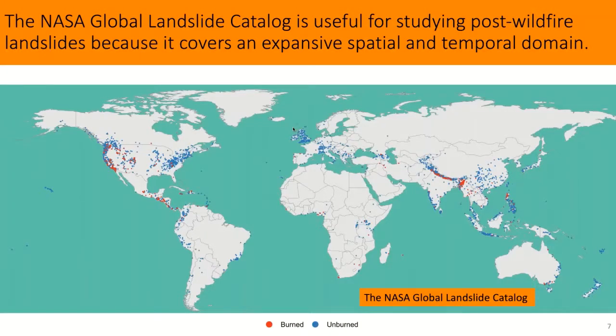So first of all, the NASA Global Landslide Catalog is the source of the landslides in this study, and it's useful for studying post-wildfire landslides because it covers just an expansive spatial and temporal domain. This is a little unusual in landslide inventories.